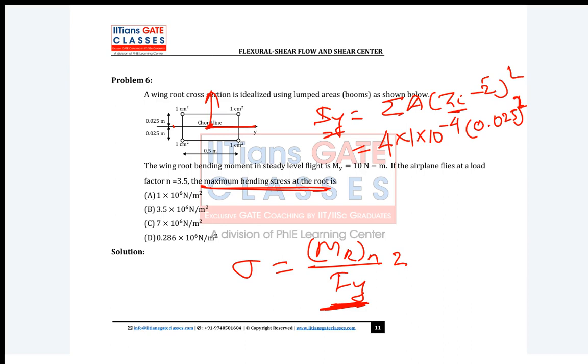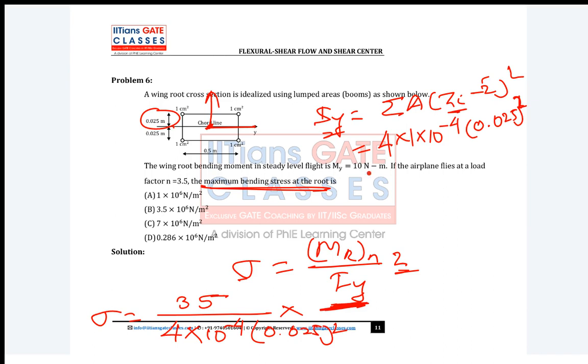Now what will be the sigma? My sigma will be 35 upon Iy, which is 4 into 10 to the power minus 4 into 0.025 square, into what is the z? It is 0.025, because guys, it's a symmetric section and My alone is applied.